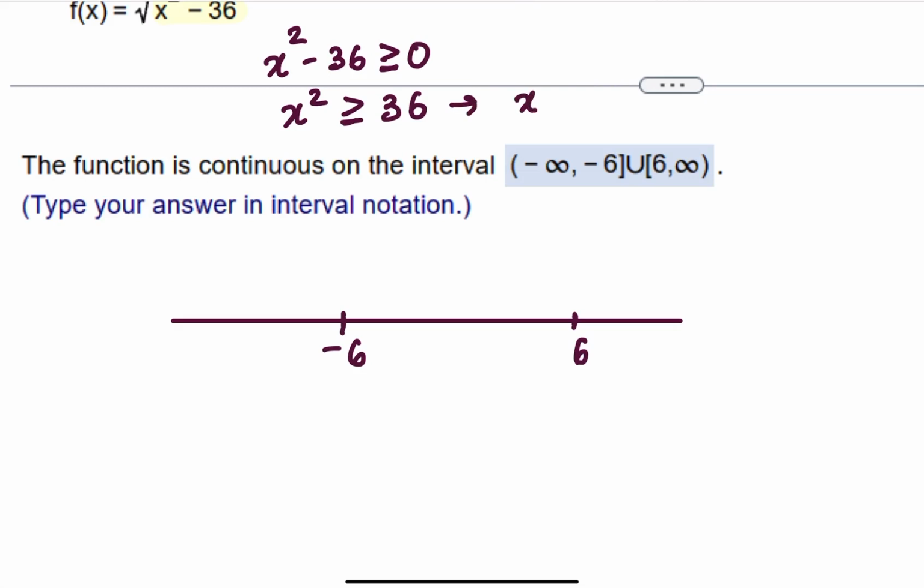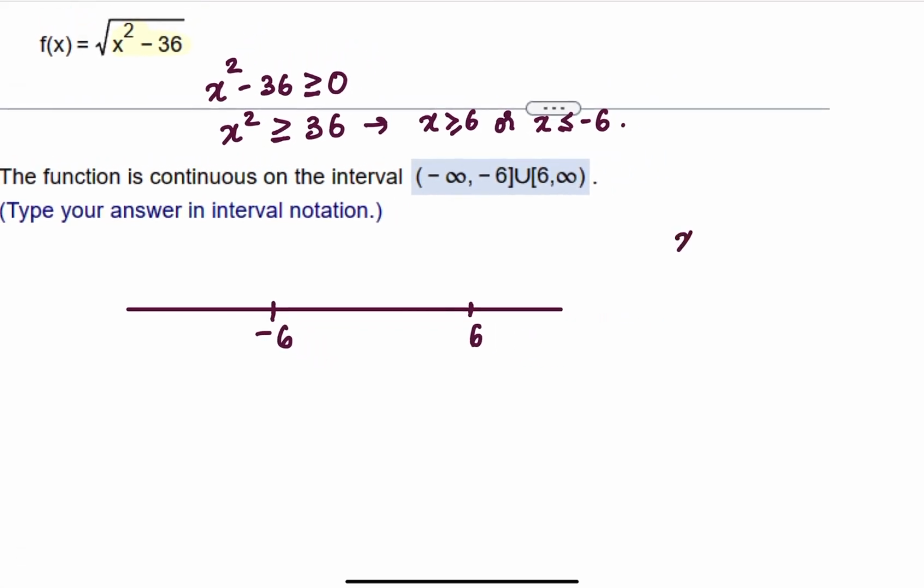That means x has to be greater than or equal to 6, or x has to be less than or equal to -6. That's much easier that way. There are again multiple ways to do it. You can just do it this way, or you can also factor it. x plus 6 and x minus 6 has to be greater than or equal to 0.